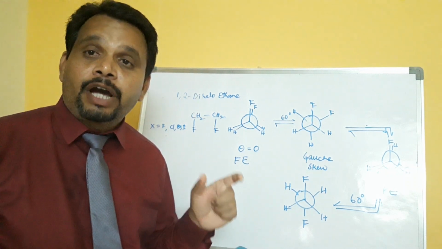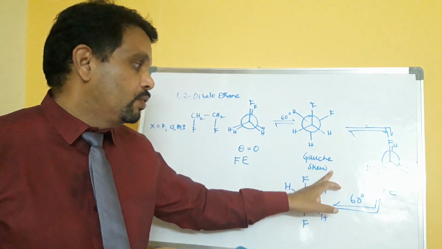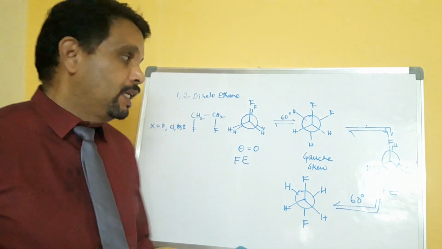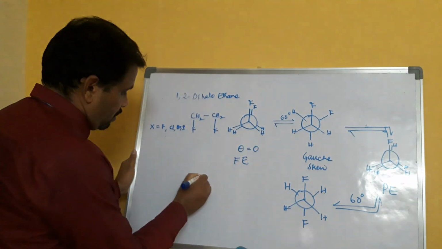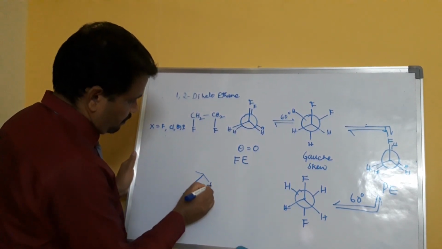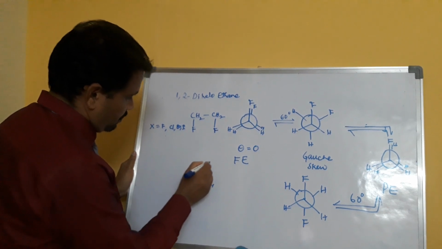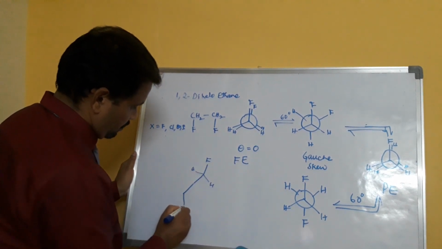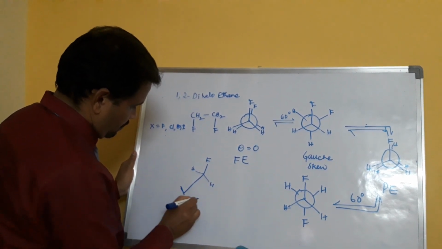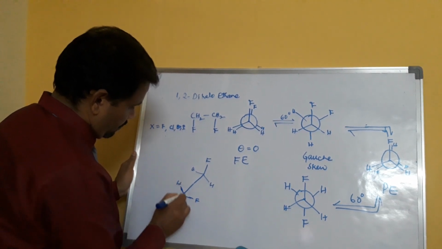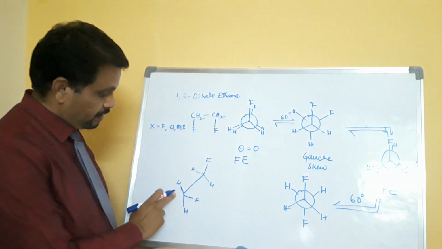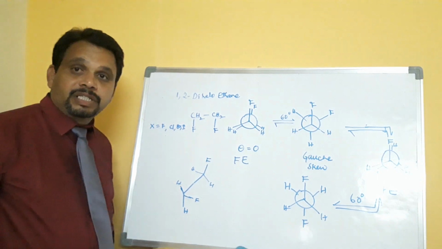Okay, due to hyperconjugation, the gauche or skew conformer is more stable than the anti or staggered conformer, because in the gauche conformer the orientation is like this.